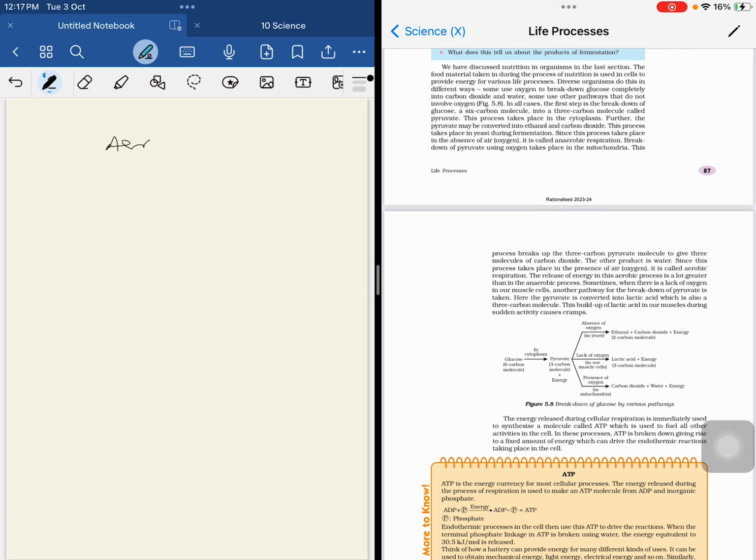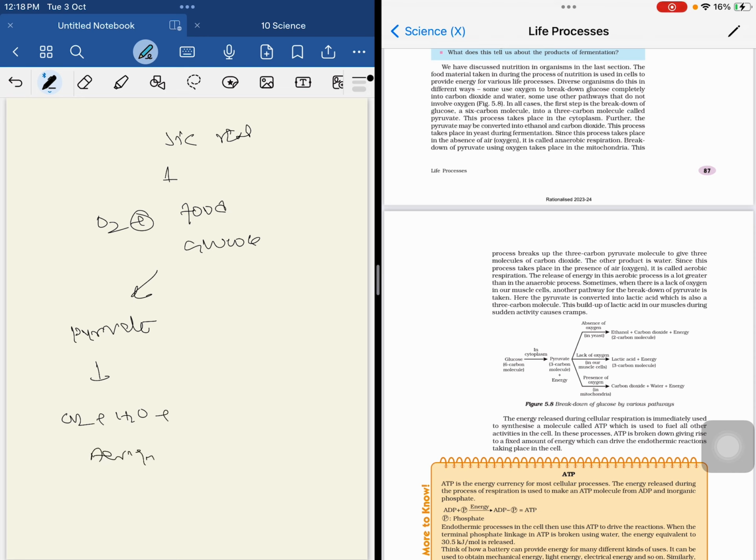Through aerobic respiration, in the presence of oxygen, the food we have eaten, especially glucose, is converted into pyruvate, and pyruvate is converted into carbon dioxide and water and some amount of energy.